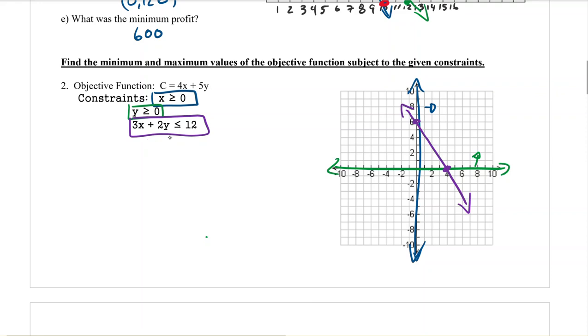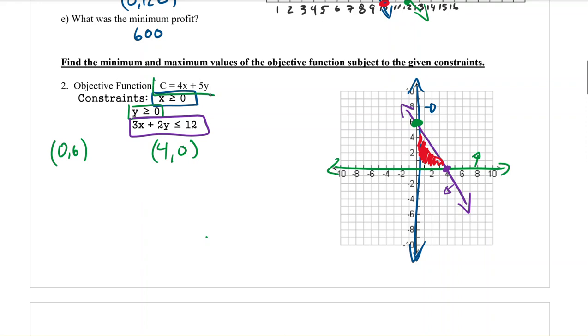If we pick 0, 0, then we'd want to shade, 0 is less than 12, so we'd shade the bottom. So our feasible region is this triangle here. So we've got a vertex at 0, 6 and at 4, 0.